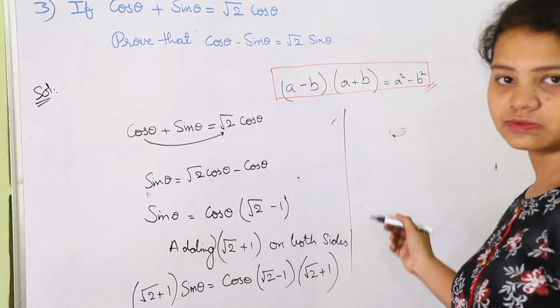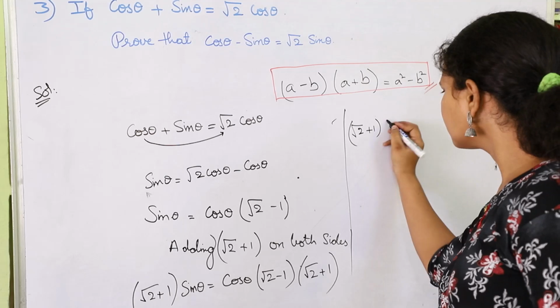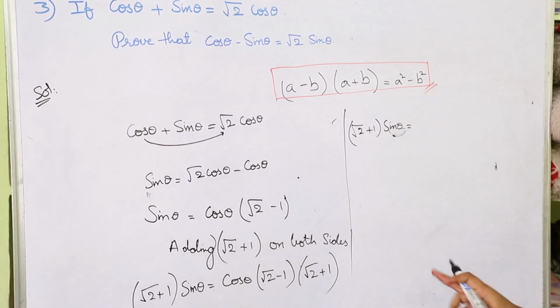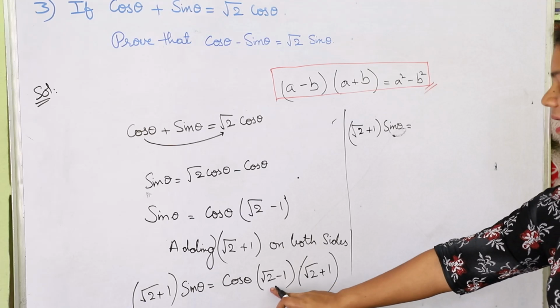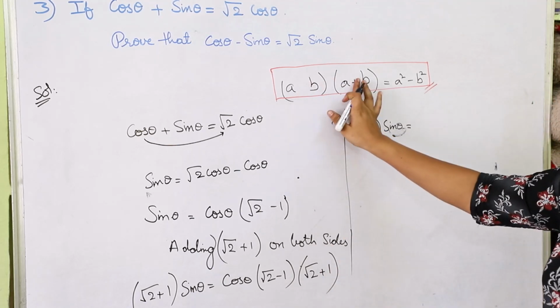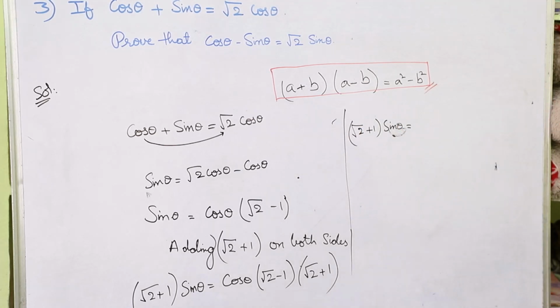Here we have root 2 plus 1 into sin theta equal to root 2 minus 1 into root 2 plus 1, times cos theta.